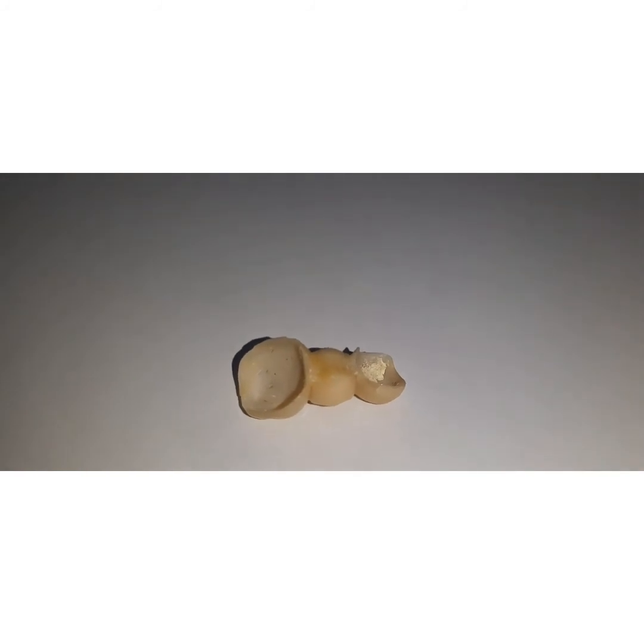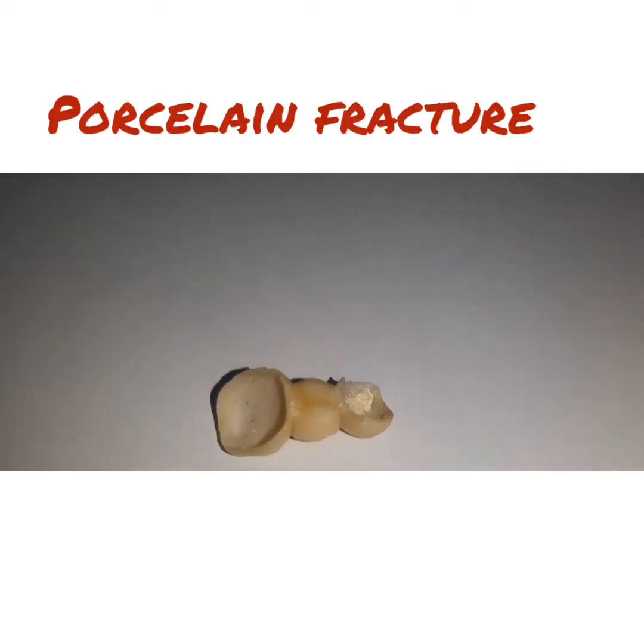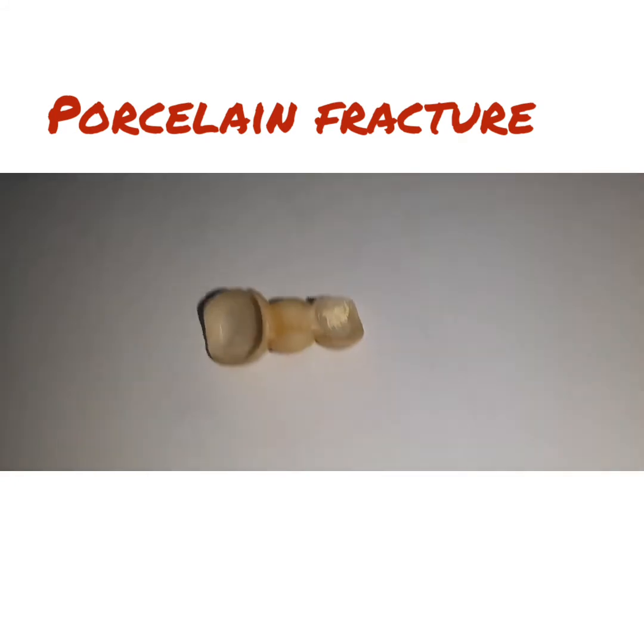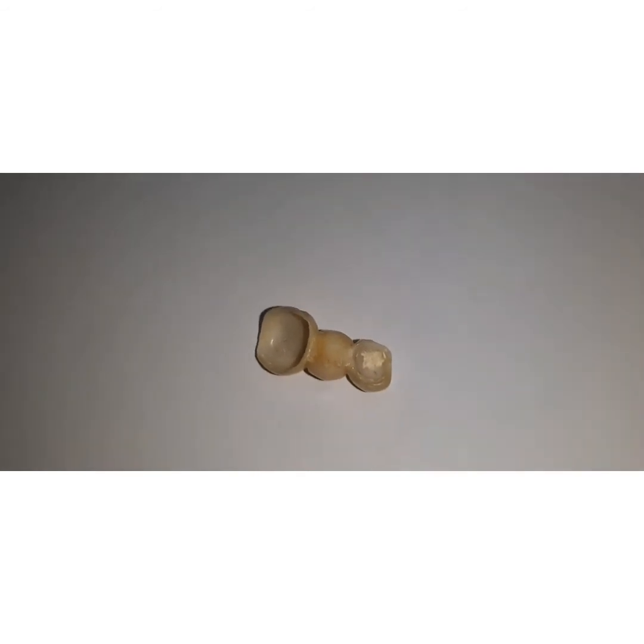Next type of mechanical failure is porcelain failure. As you can see, usually this area of the fixed partial denture, in function, it can happen because of chip off, because of crack, or because of the traumatic bite of the patient.